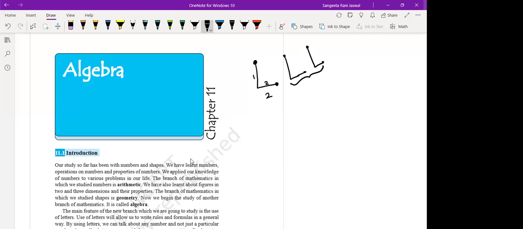So how will I get this 4? 2 matchsticks are required in making this one shape, and another is this. So 2 into 2 here, right? Suppose I have 3 shapes like this. How many matchsticks are required? 6.